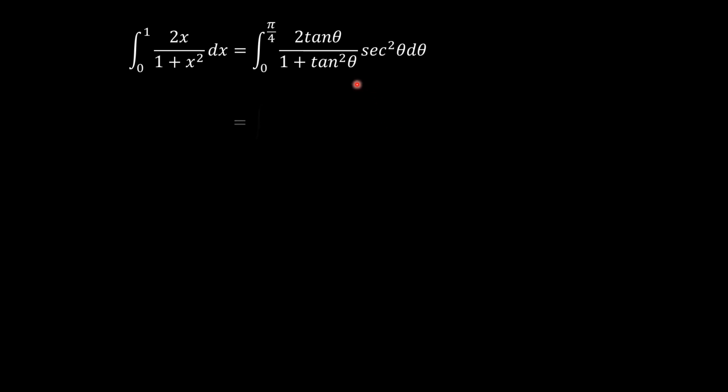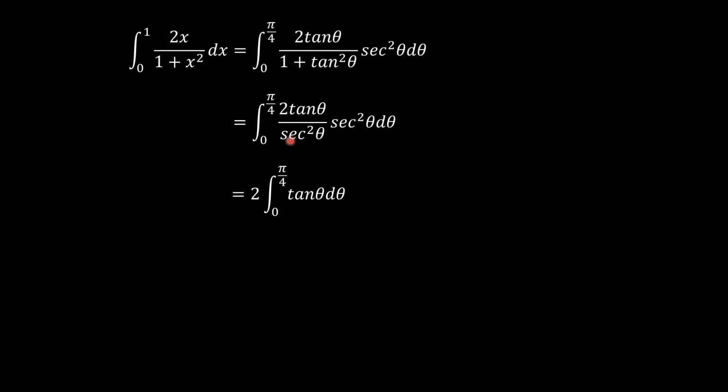As we know, 1 plus tan squared theta is the same as sec squared theta, and that now cancels out with the second sec squared theta in the numerator. And so you're left with 2, the integral, because I've pulled out the constant, of tan theta from 0 to pi over 4.